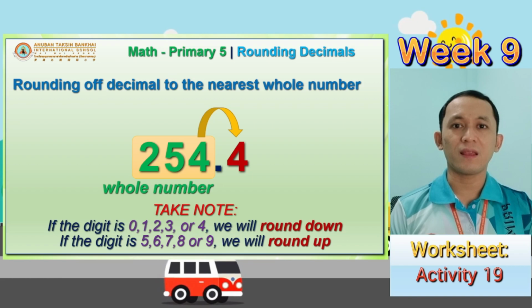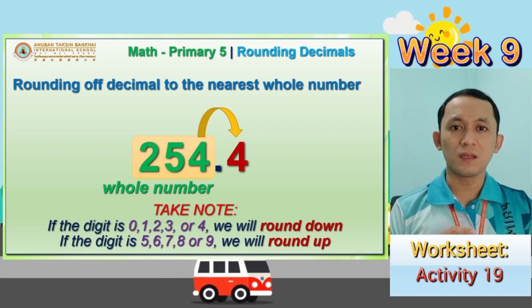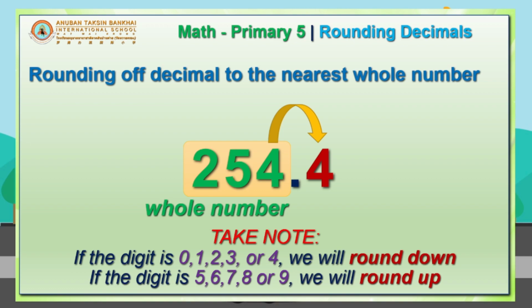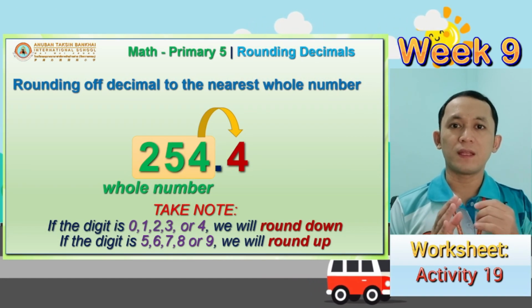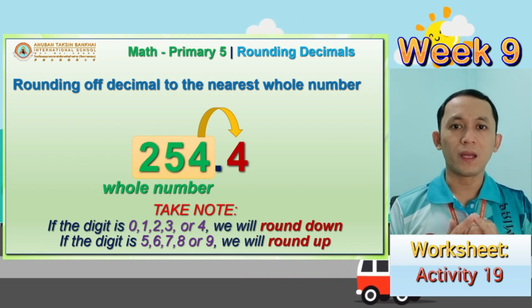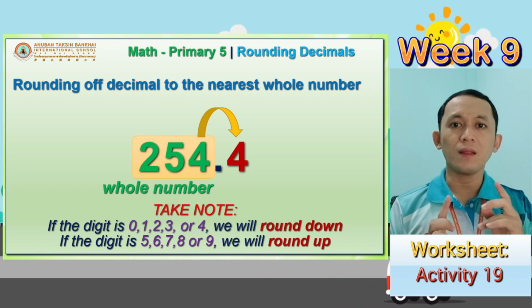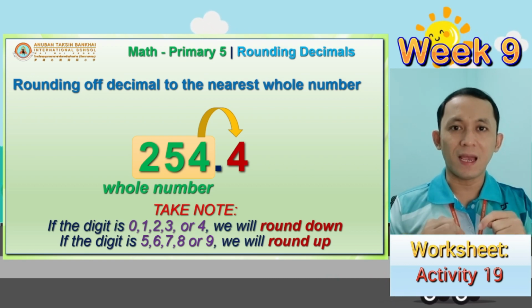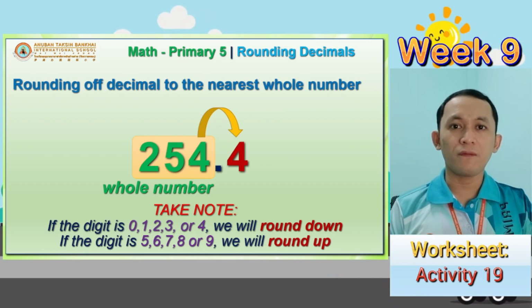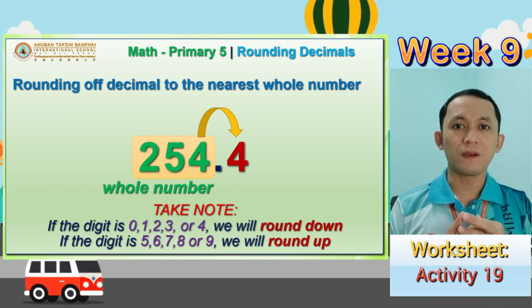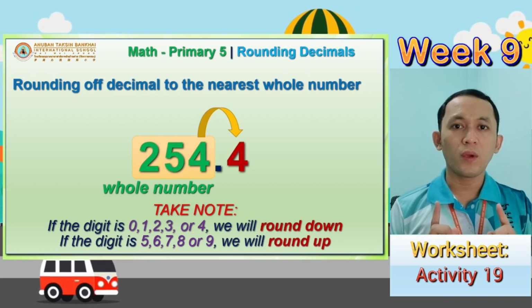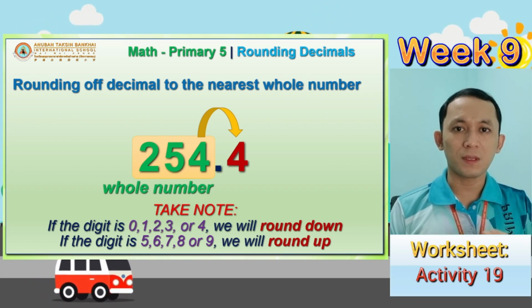Now take note that if the digit is 0, 1, 2, 3, or 4, we are going to round down our number. Again, if the digit is 0, 1, 2, 3, or 4, we're going to round down. Now, if the digit is 5, 6, 7, 8, or 9, we are going to round up the number.